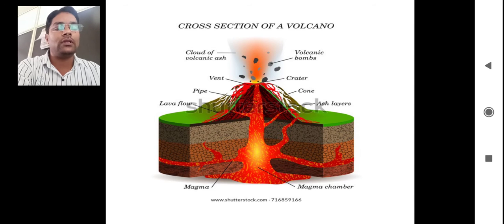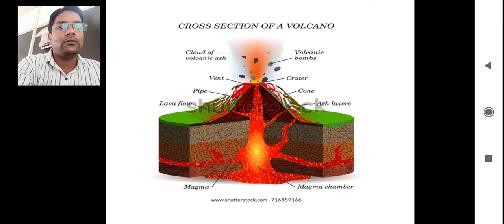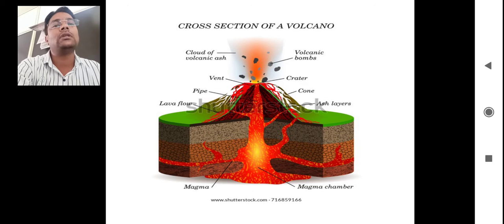See, in the figure you can see this cloud of volcanic ashes. When there is an eruption, you can see this cloud of volcanic ashes. Then volcanic bombs, the fragmented or unmolten material, which are part of the rock, which get erupted from the volcano with a large force.